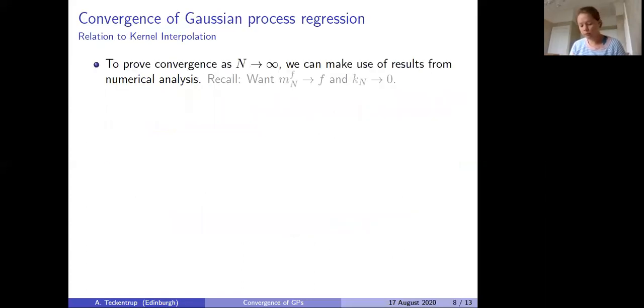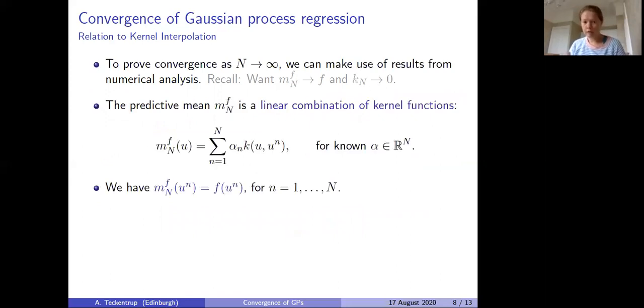So to answer those questions, we use results from approximation theory and numerical analysis. Just saying again, what I want to show is that the posterior mean converges to the true function and the posterior variance goes to 0.